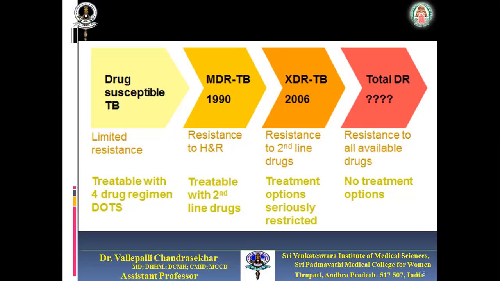Then if there is resistance to second line drugs, we call it XDR TB, which we have been seeing since 2006, and treatment options are very seriously restricted. Then total drug resistance. At present it is not seen, but if it came, it would mean resistance to all available drugs and no treatment options.